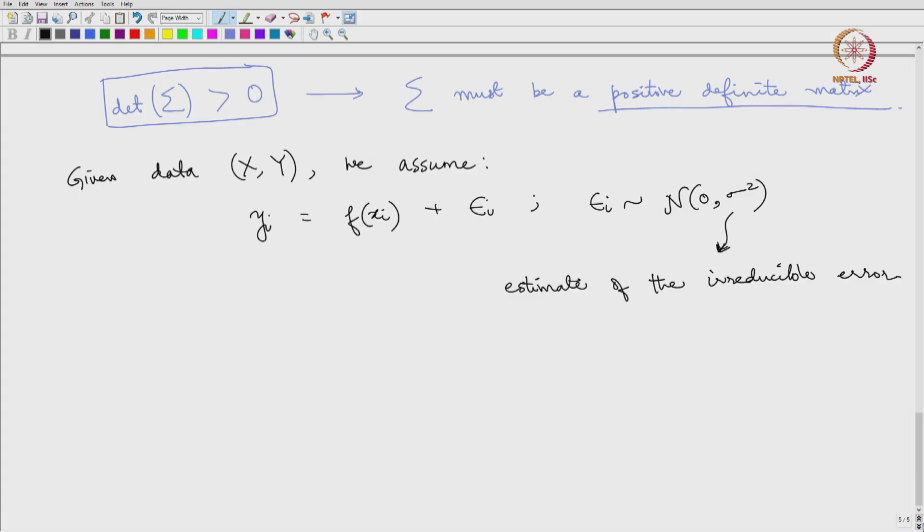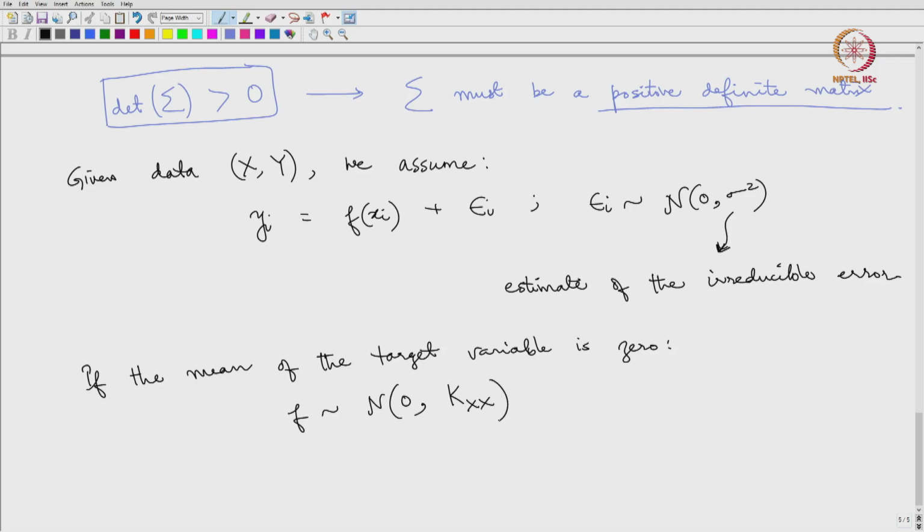Now if the mean of the target variable is 0, then your f will be a normally distributed random variable with again mean 0 and covariance Kxx, where capital X is the data in the training set.